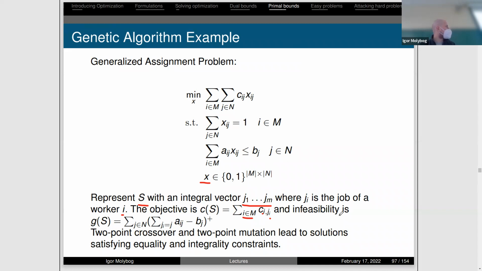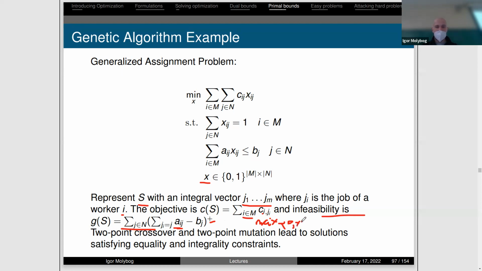The infeasibility function can also be defined in this case as the summation over the jobs j of the summation over the set of workers i such that worker i is performing job j, of a_ij minus b_j, and this plus here means that we are taking the positive part, which is the maximum over 0 and x.